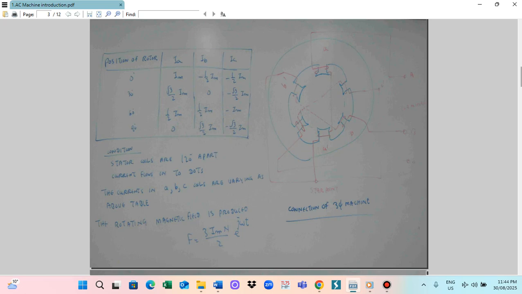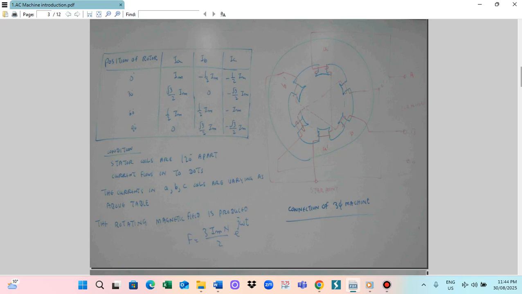And also the C phase. The C phase winding is here, IC. This one goes to the C phase. So this winding is C, and this is the C dash.